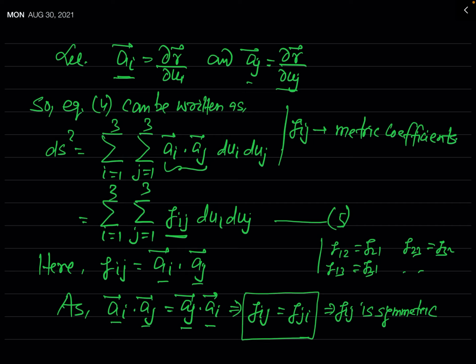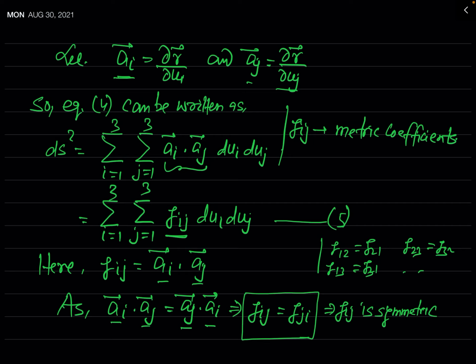In fact, it finds a vivid application when we study general relativity, where the nature of our space is very important. So this quantity finds its application while discussing general relativity. But here I am just giving you a very brief introduction, that these quantities are known as metric coefficients, and they characterize the relative nature of the space.